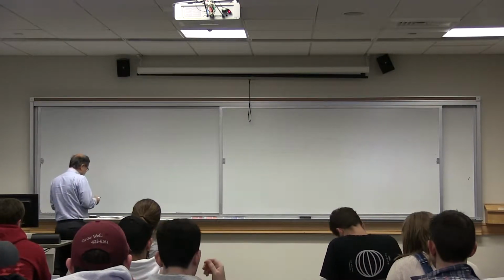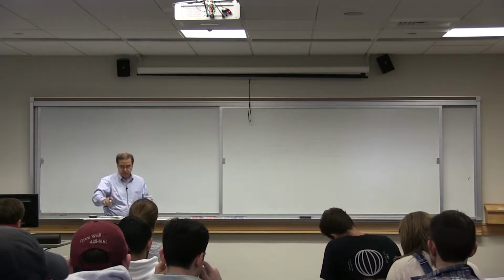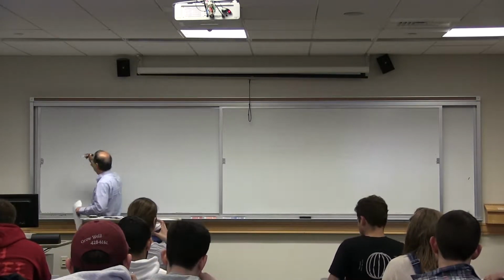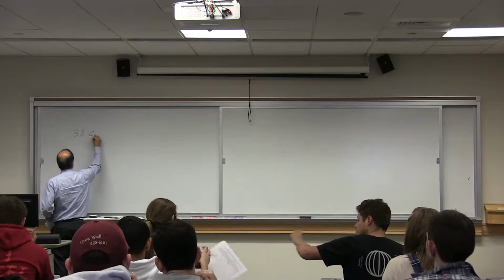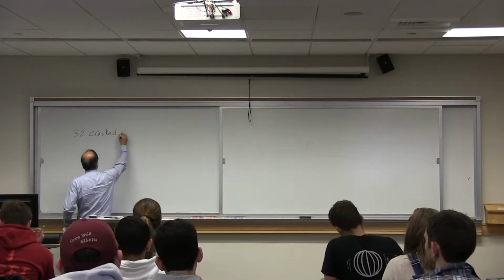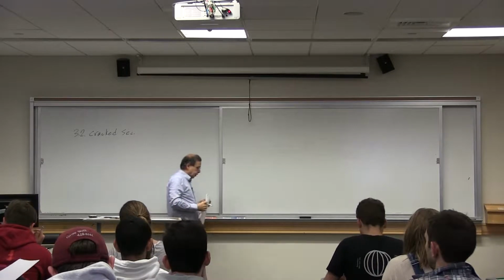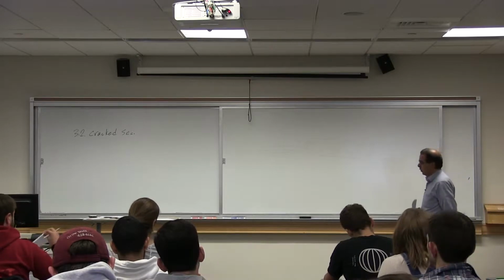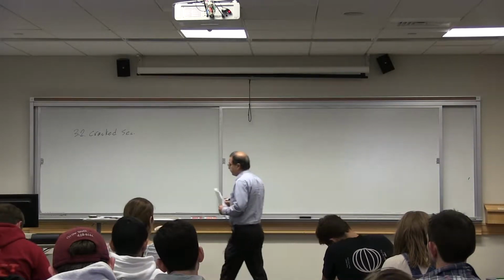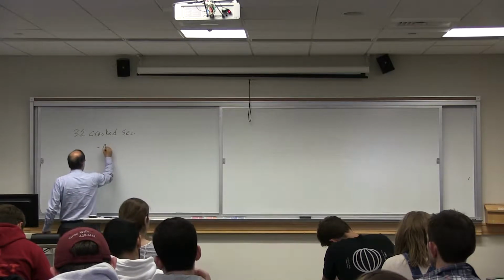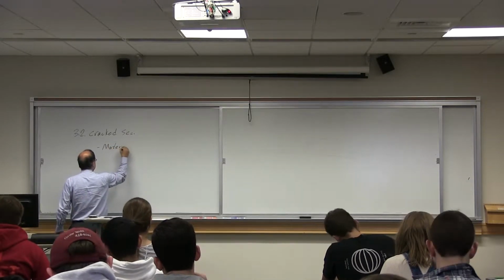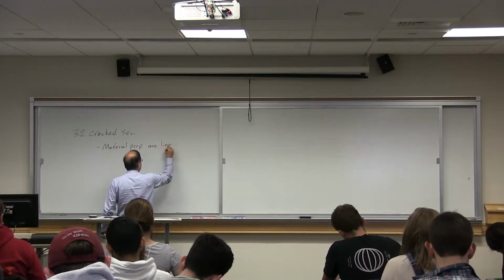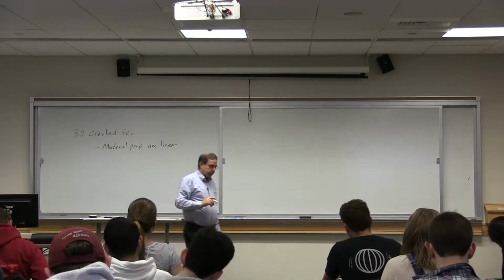So what we are looking at this time is cracked sections, 3.2. One thing we discussed last time is that when you are looking at the cracked sections, we consider material properties to be linear.